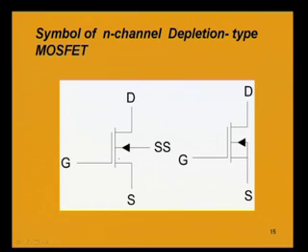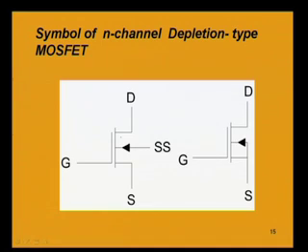Now, one significant difference between the enhancement and depletion type MOSFET as far as symbol is concerned is here that we have an unbroken line, signifying that there is a channel present between drain and source.